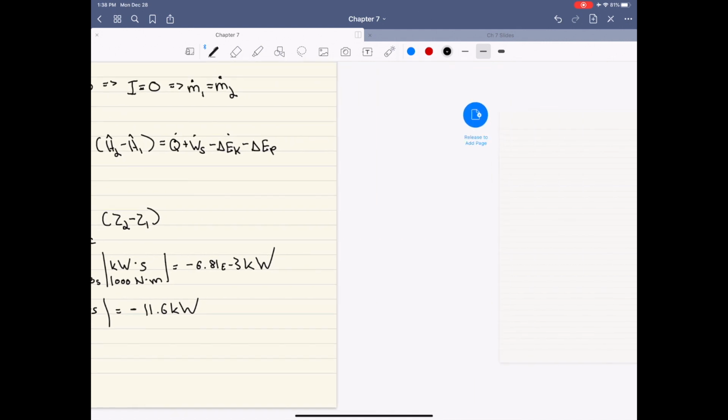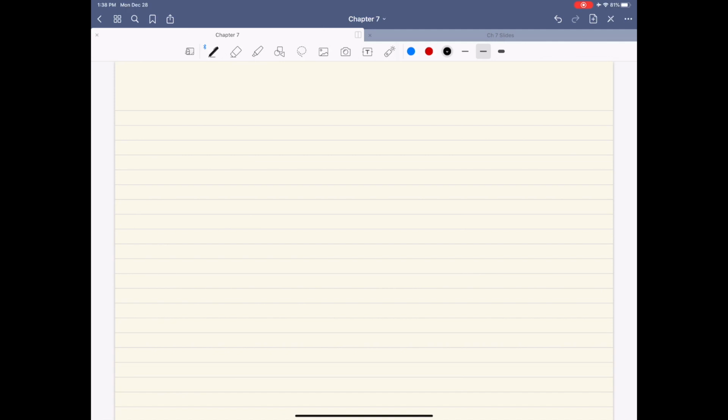So going to the next page, we could go back to our energy balance, and we could calculate what delta H is by plugging in all these terms. Negative 11.6 kilowatts minus 8.75 kilowatts minus negative 6.81 times 10 to the negative 3, which almost does not matter at all.